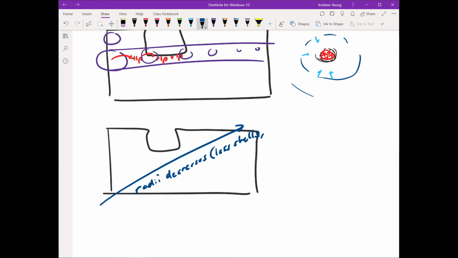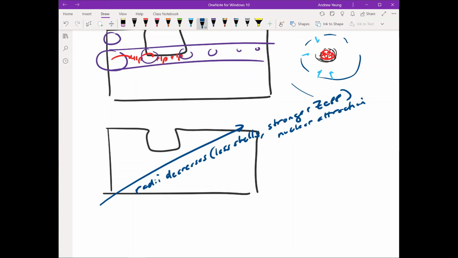And as I go across, we have a stronger number of protons. There's a stronger pull towards the middle. We're going to use the terminology of Z effective. So it's going to have a stronger Z effective. And what that Z effective means is there's stronger nuclear attraction. There's more protons, so it ends up pulling the shell here, ending up going tighter.